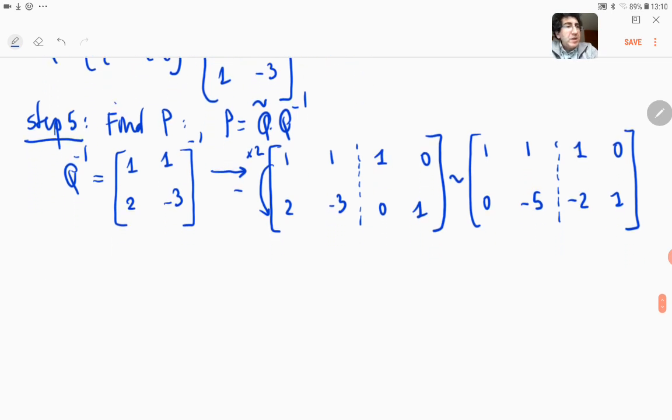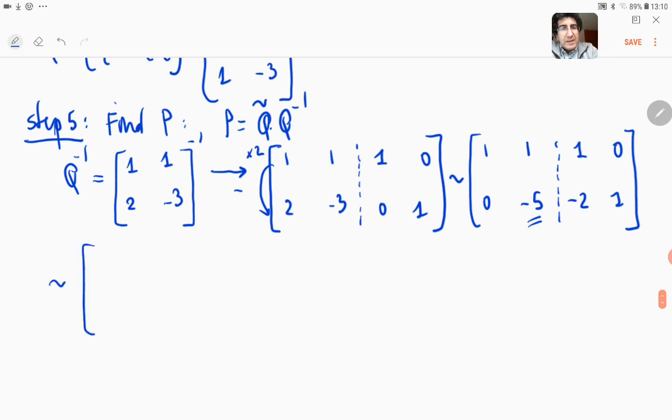If I continue, I divide all the second row by minus 5, so that this second coefficient becomes 1, and then subtract it from the first row.